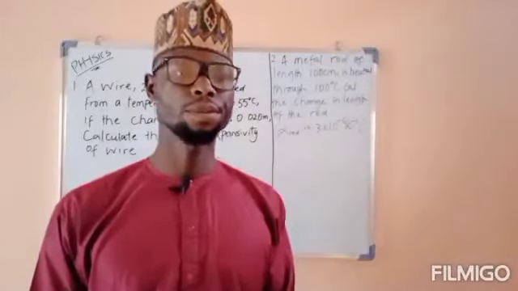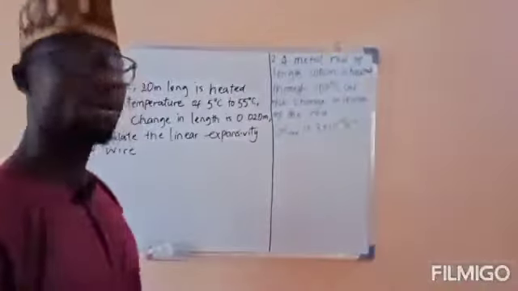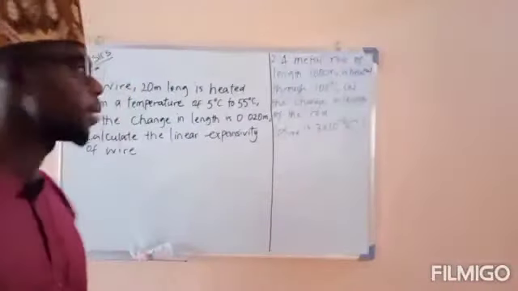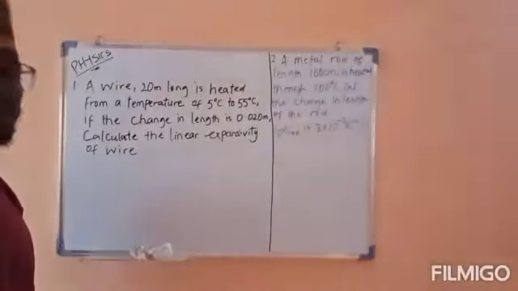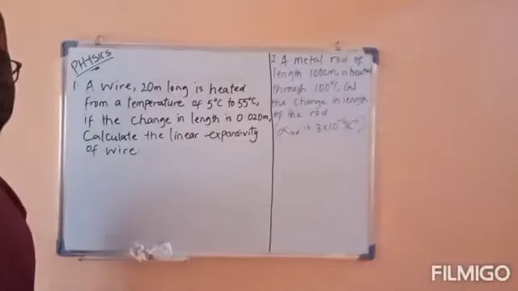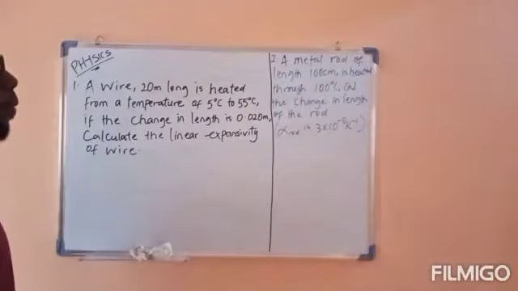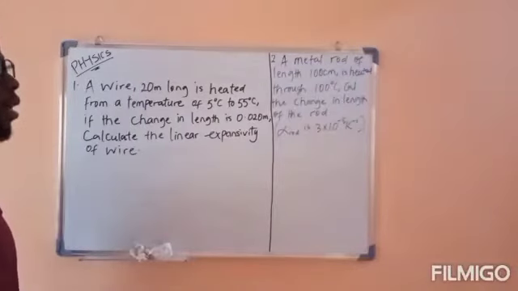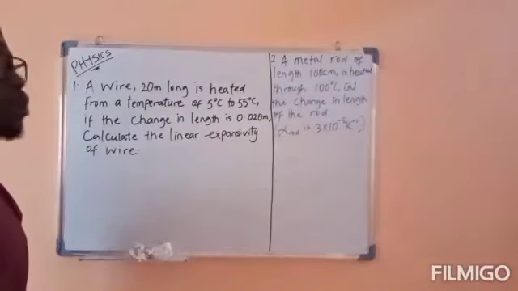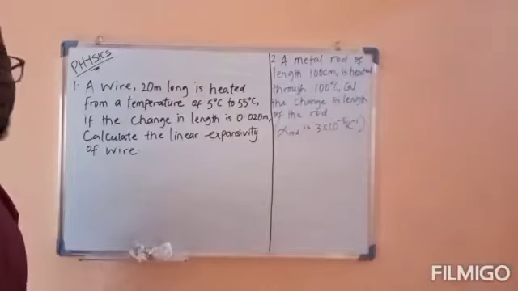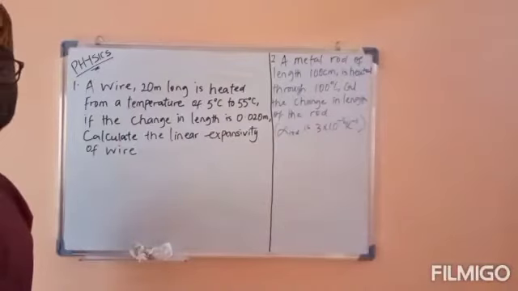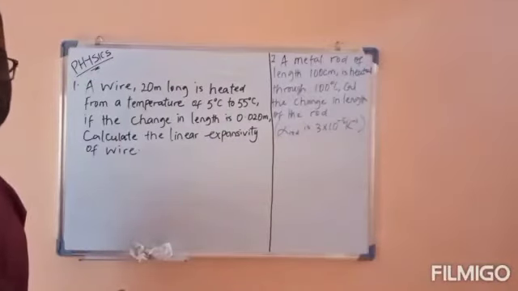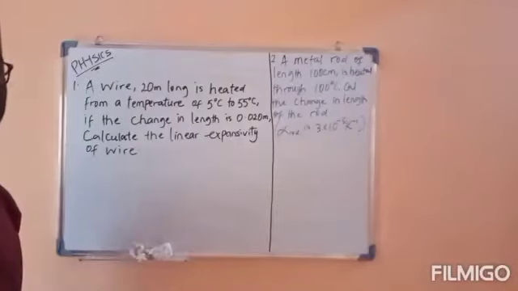You're welcome again. Now we are going to apply our formula to solve one or two problems. Be rest assured that the essence of doing this is to make sure we solve lots of examples that will make it easy for you to handle any calculation that comes from this particular topic.